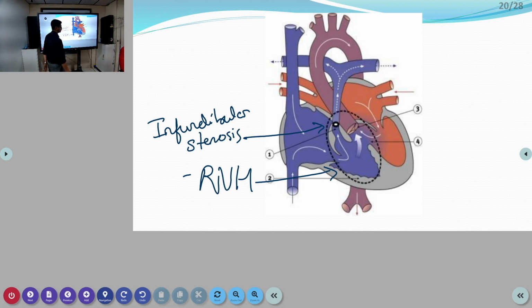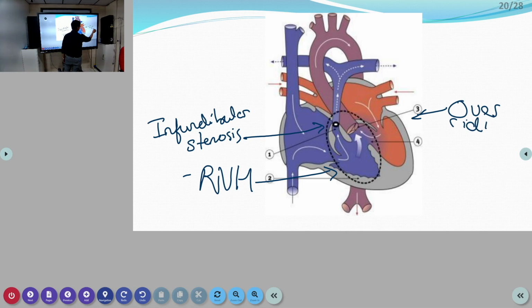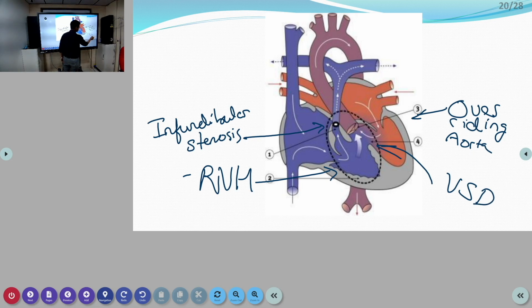The third thing is overriding of the aorta. And the fourth component, of course, the VSD. Okay, so these are the four components of the tetralogy of Fallot.